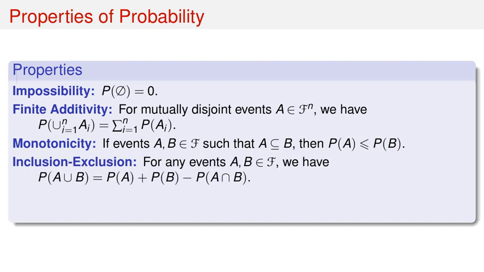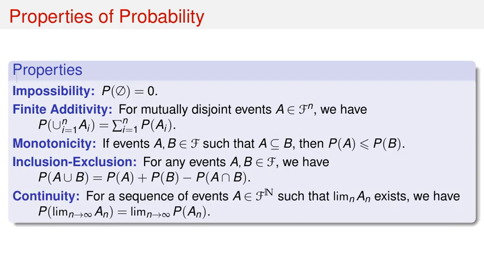Fourth, inclusion-exclusion for two events. For any two events A and B in script F, the probability of A union B, P(A ∪ B), equals P(A) plus P(B) minus P(A ∩ B). Fifth, continuity.